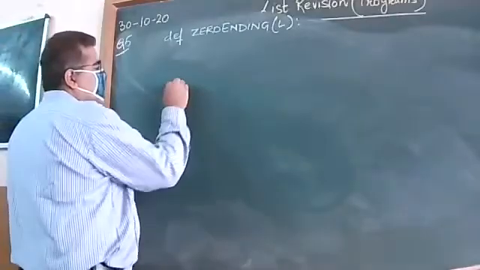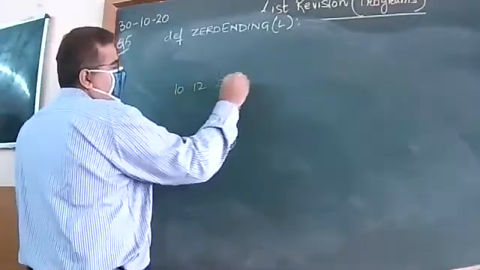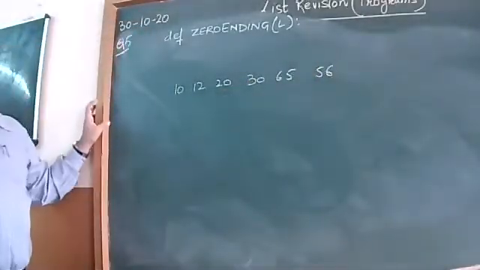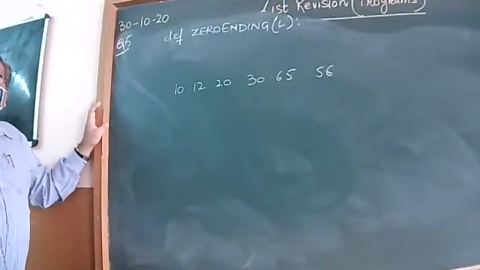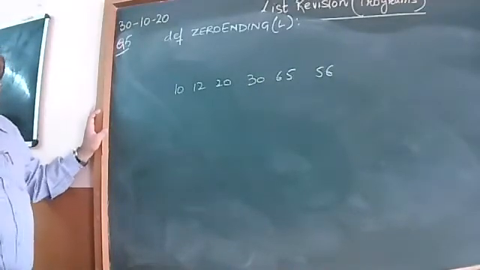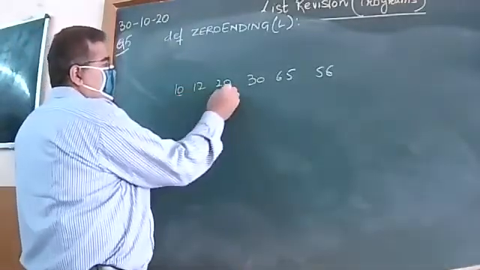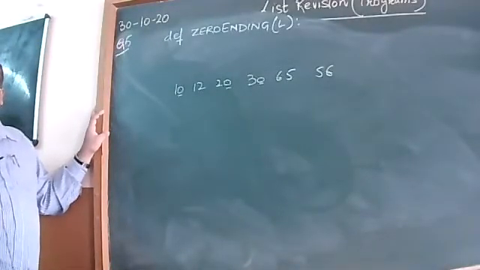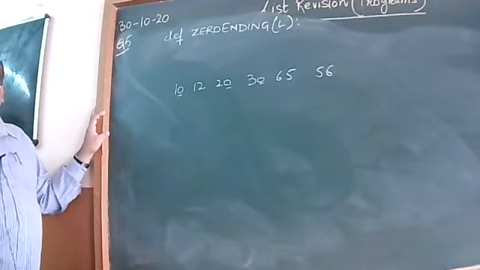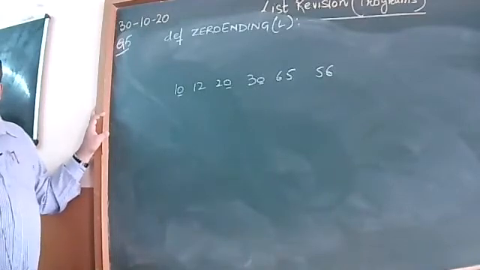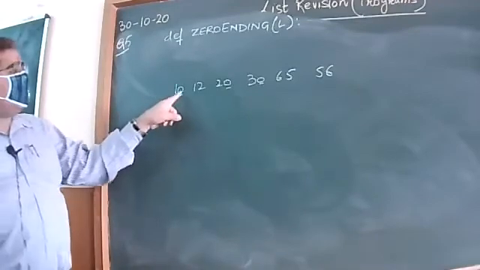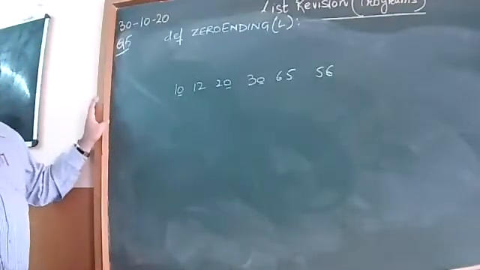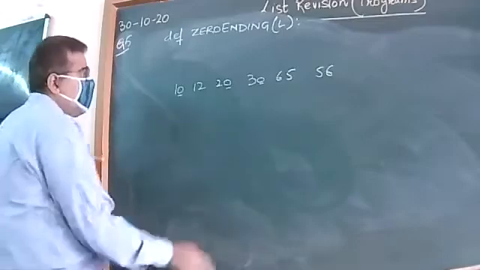Let us suppose the list is 10, 12, 20, 30, 65, 56. You are to find the sum of those elements which are ending with 0, whose last digit is 0. Right? So this is our logic.